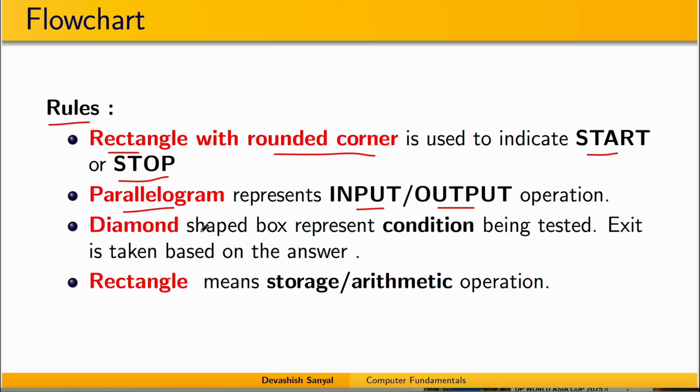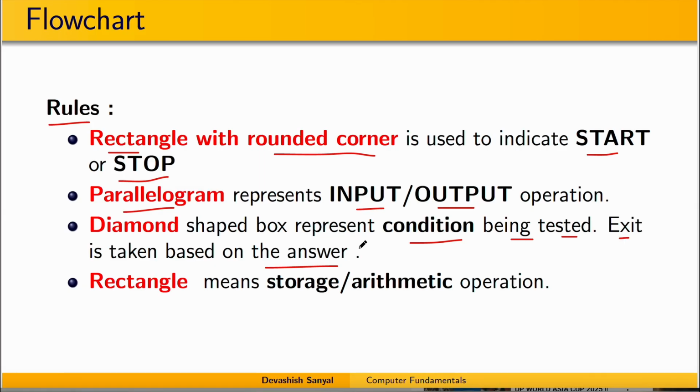And then we have the diamond-shaped box, which represents a condition being tested. An exit is taken based on the answer. This is important. When you come across a diamond-shaped box, it means some condition is being tested, and depending on the condition, it is decided which path will be followed.